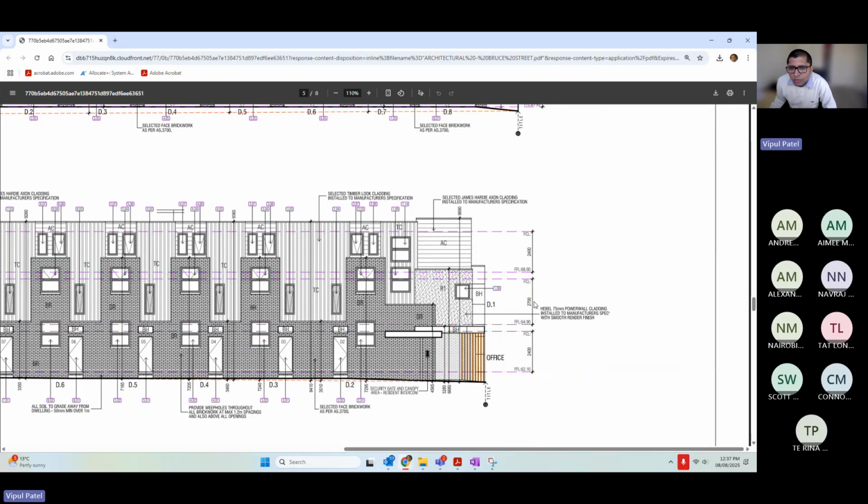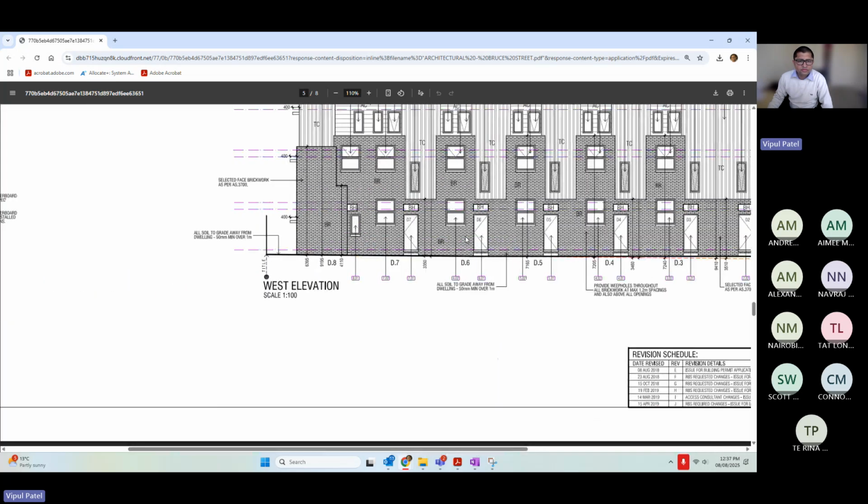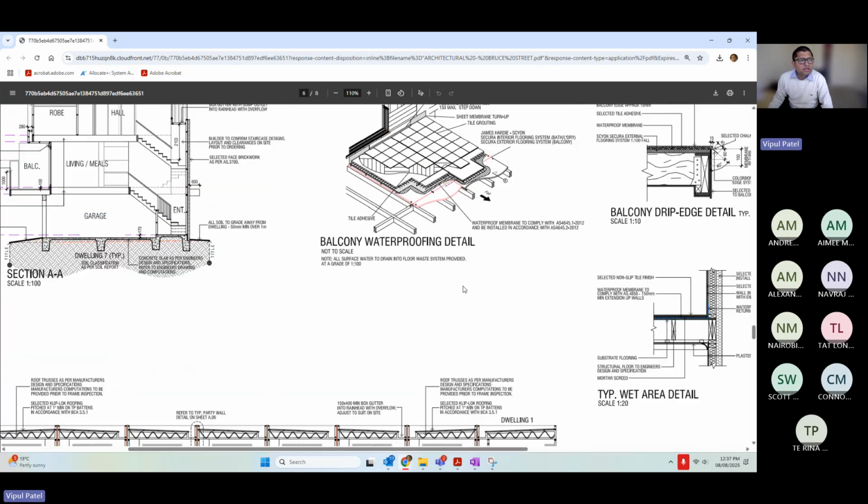From here to here, 2.7, 2.4. 2.7 plus 2.4 is 5.1, and there is a 300, 300. There will be 450, 450. So about 6 meters height of the walls. As I said, I can open the AutoCAD for you to reference it, and there you can measure exactly.